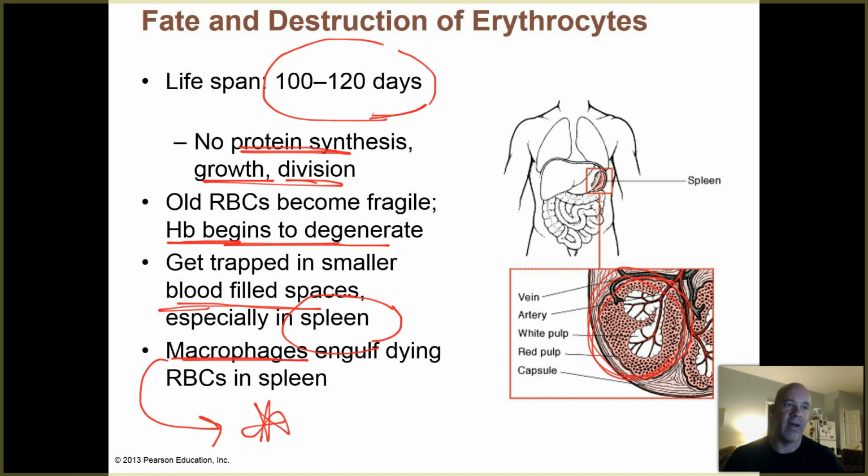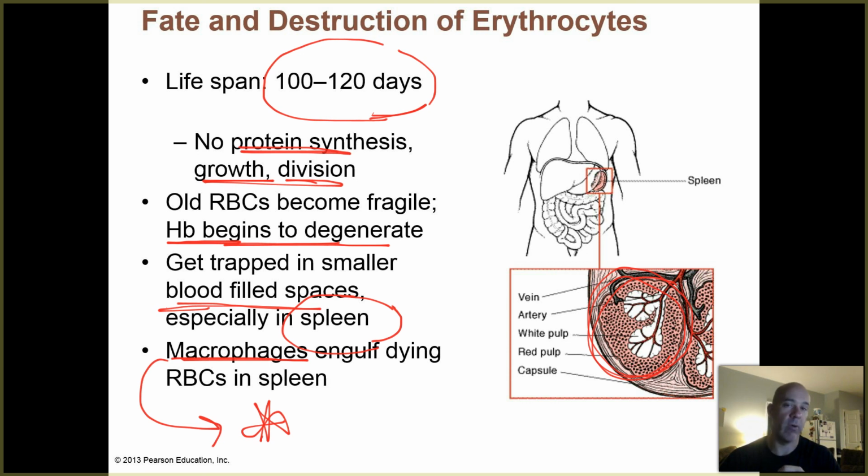They are cells that do phagocytosis. They ingest things like bacteria and viruses, but also your old worn out cells and tissues that need to be broken down. That's basically their job. So macrophages in the spleen engulf these old worn out red blood cells and break them down.